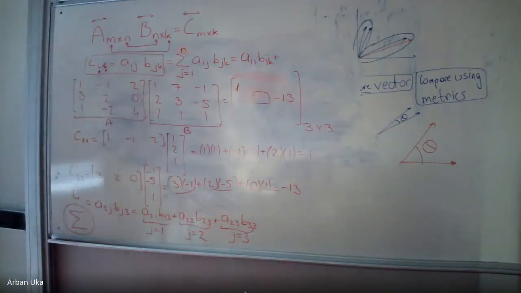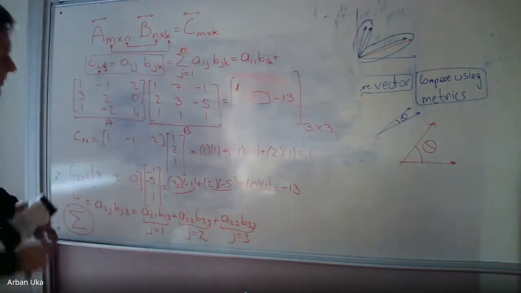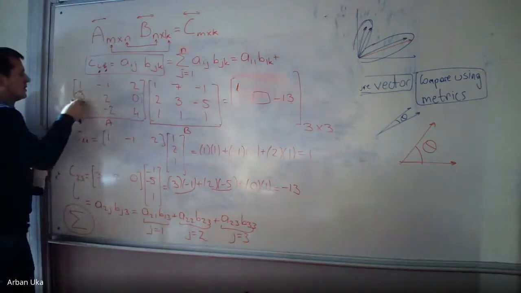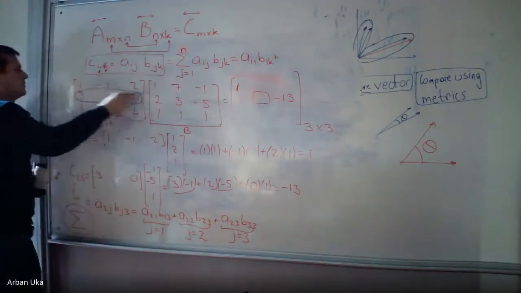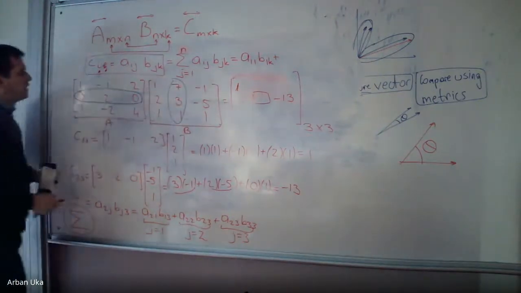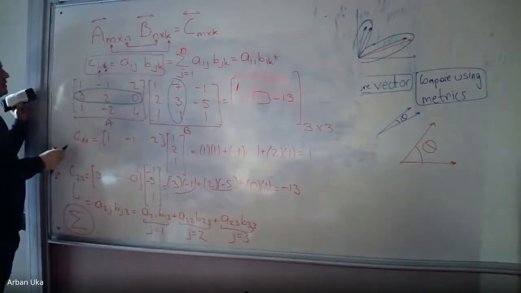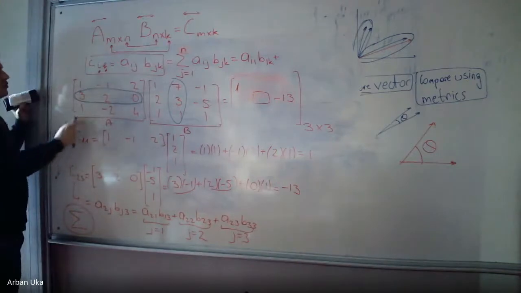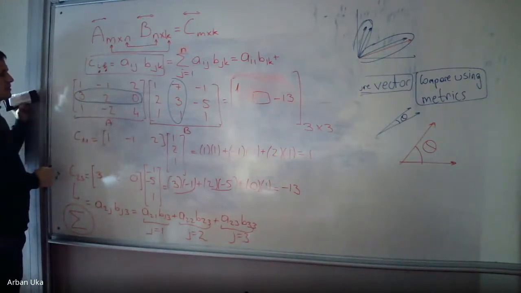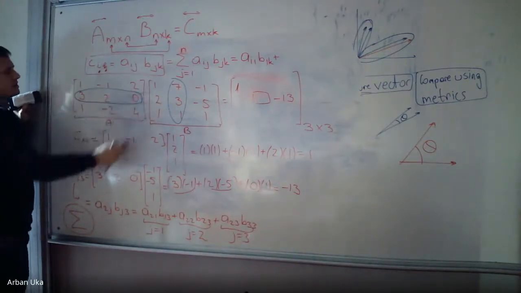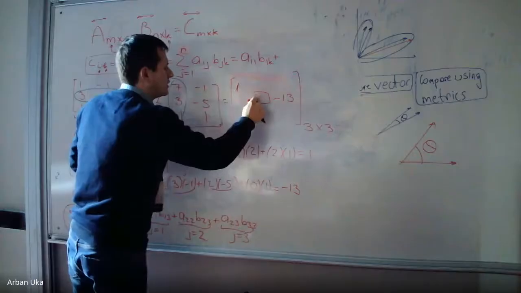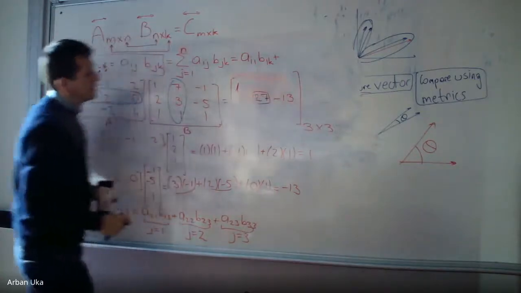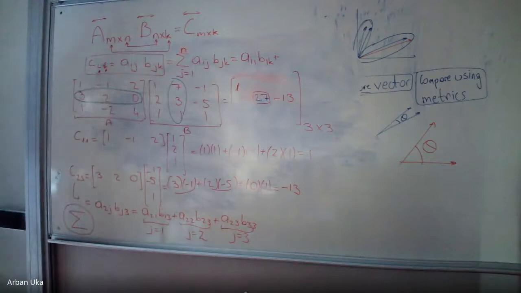Okay, this is a failure. Let's find another pen. So we have this row, we multiply with this column, and we should get the following. 3 times 7 is 21, 21 plus 6 is 27. Is it 27? Okay.